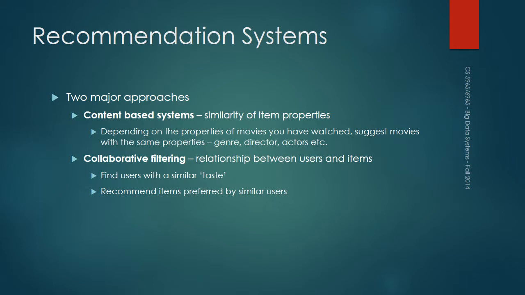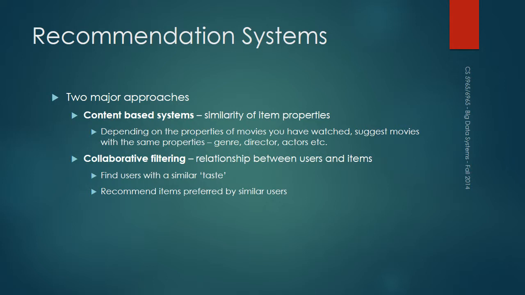The second idea is to use collaborative filtering, and this is where we focused more, which tries to define a relationship between users and items. And we define this in terms of not having explicit properties for the items or the users, but saying instead that two items are similar if the same kind of users have expressed interest in or bought those two objects.